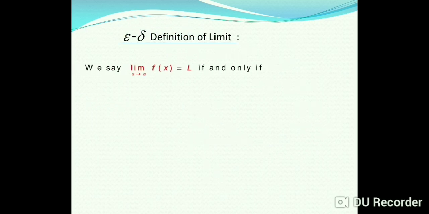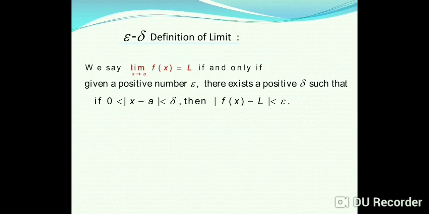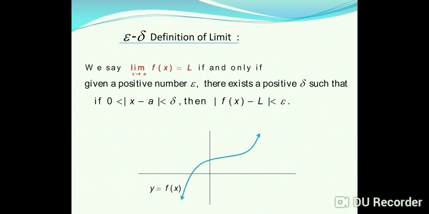Now we will see the epsilon delta definition of limit. We say limit of f of x as x tends to a is equal to L if and only if given a positive number epsilon there exists a positive number delta such that if 0 is less than mod of x minus a less than delta, then mod of f of x minus L is less than epsilon.